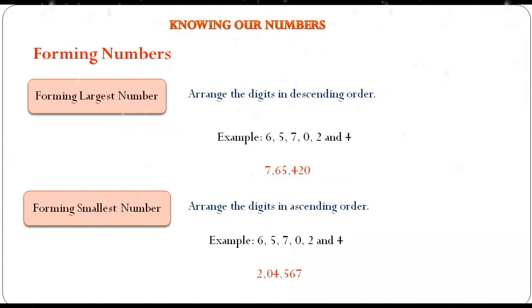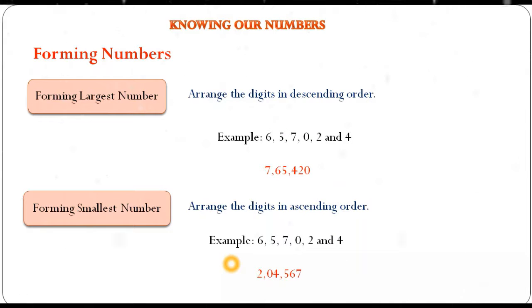If you look at these digits, then 2 is the smallest one, so write 2 first, then you can write 0. So I'm writing 2, then I'm writing 0. Why didn't I write 0 first? Because then 0 will have no value. But here we have to make use of the value of 0. That is why we will write it at the second place. Then comes the 4, then 5, then 6, and then 7. You will get the smallest number, 2, 0, 4, 5, 6, 7.